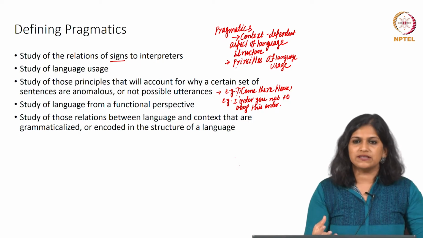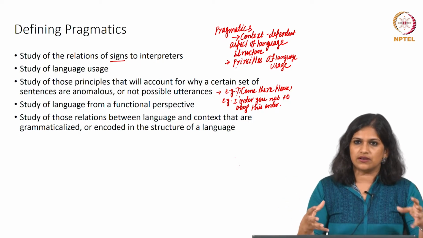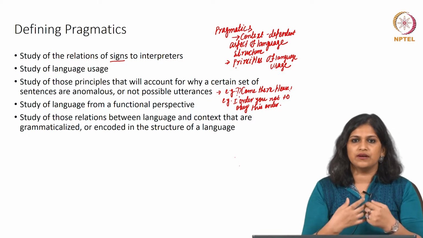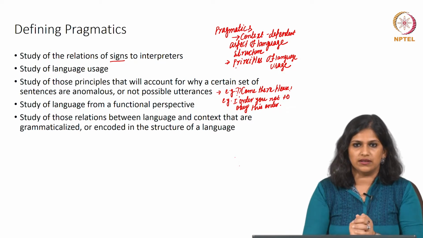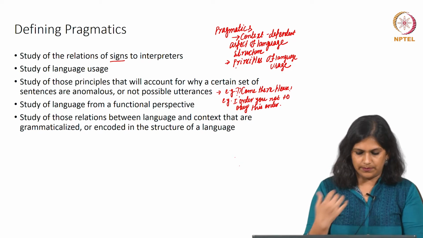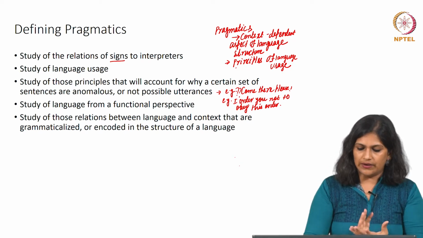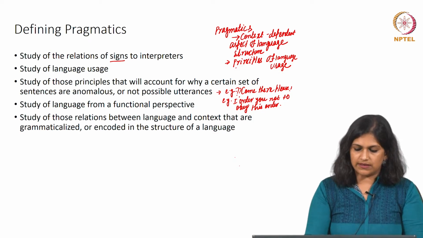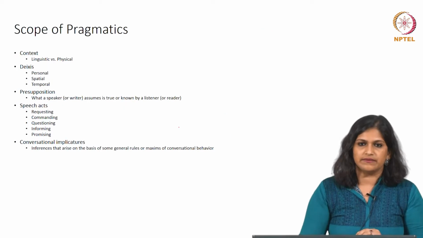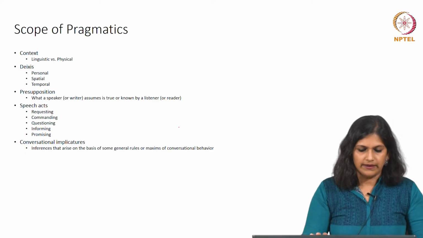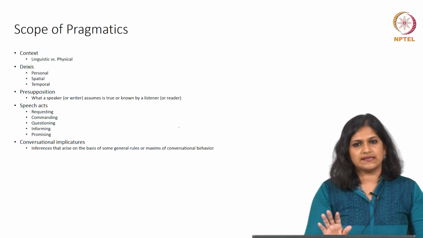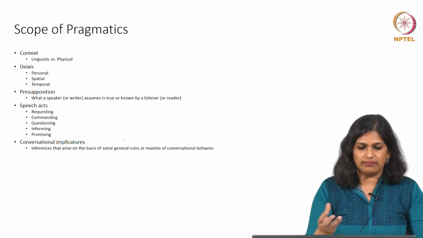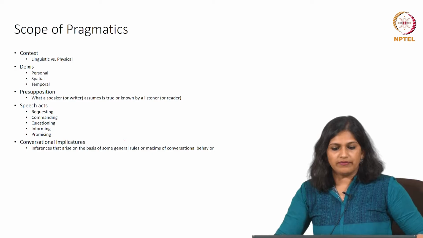So, you have to understand it with an inclusive approach of formal and functional linguistics as a discipline, right? How it is encoded in the structure is the definition of pragmatics.